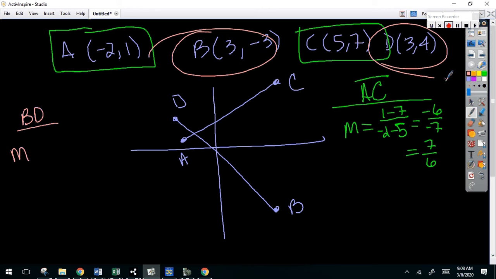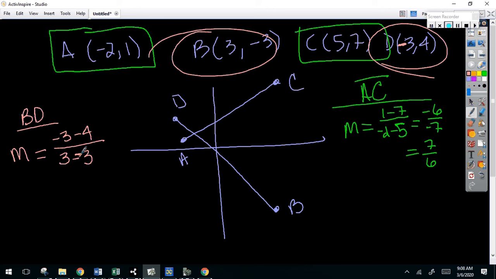All right, so let's find it. Negative 3 minus 4 over 3 minus 3. Wow, I found it. Did I write the problem wrong? Oh, this should be negative 3 right here. Sorry. Change your D to negative 3.